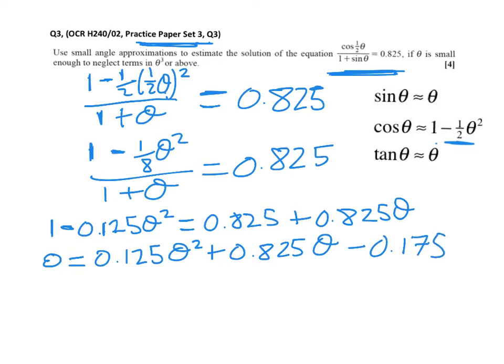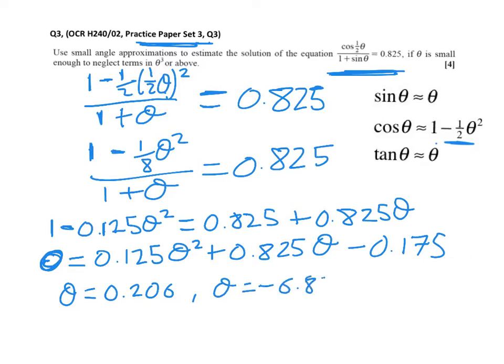Just clear that's a 0 there, that all equals 0, so I can solve that in any way you want. Use a formula or whatever, or just use your calculator in this instance. And you get two solutions there, to 3 significant figures, theta equals 0.206 or theta equals negative 6.81.